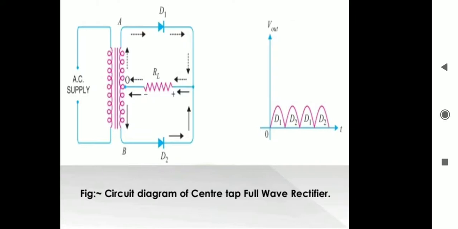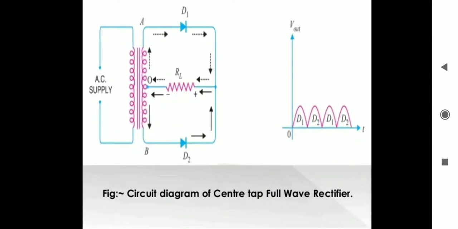Each diode uses one half cycle of the AC voltage. Diode D1 utilizes the AC voltage appearing across the upper half of the secondary winding for rectification. Diode D2 uses the lower half of the secondary winding.